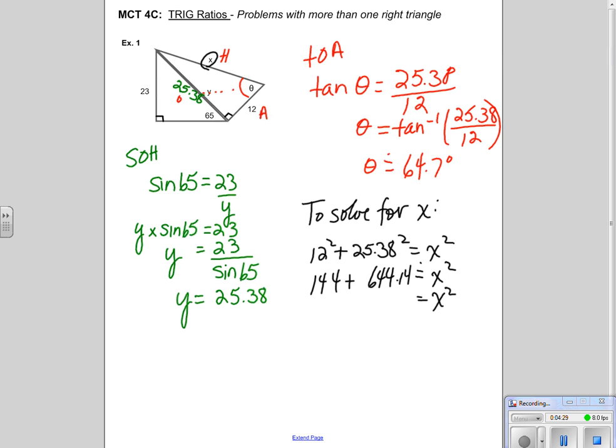So x squared is 644.14 plus 144, 788.14. Square root is 28.1 approximately. I noticed in my notes that when I did it, I used a trig ratio and I got the same answer. It doesn't matter. We found all three pieces of information.